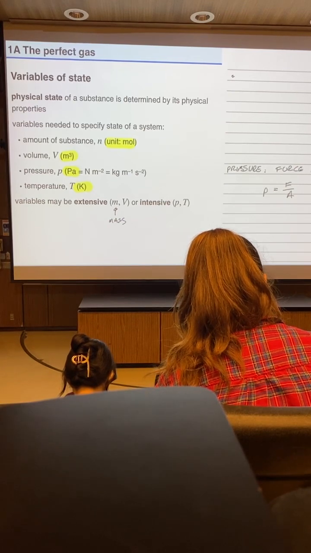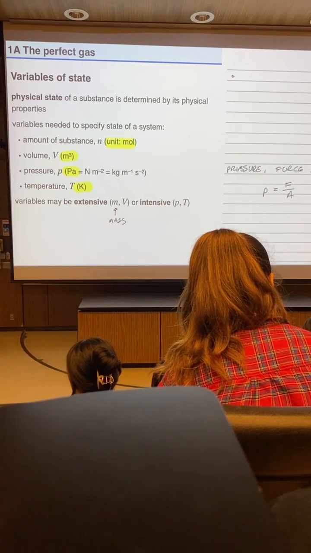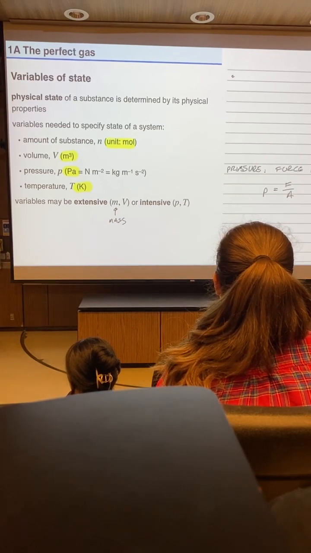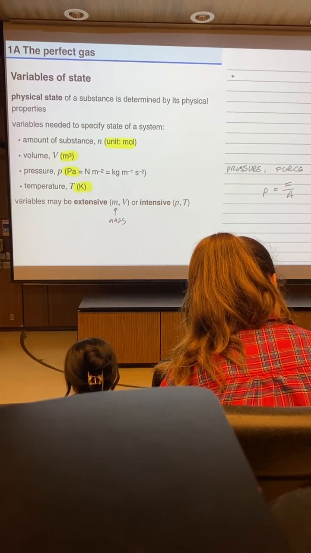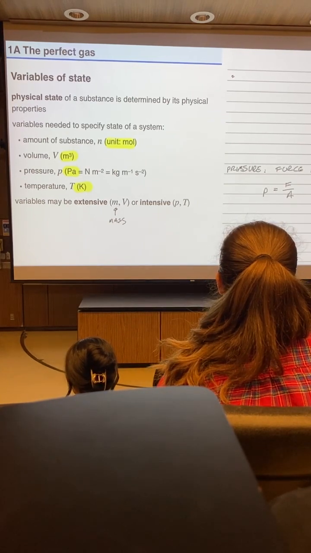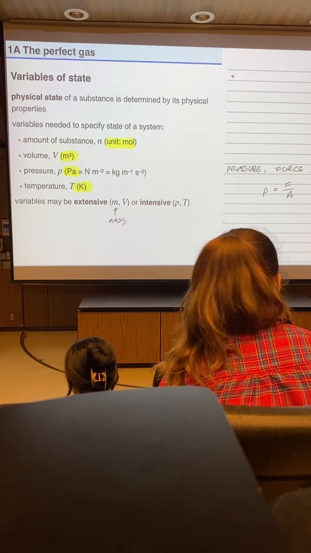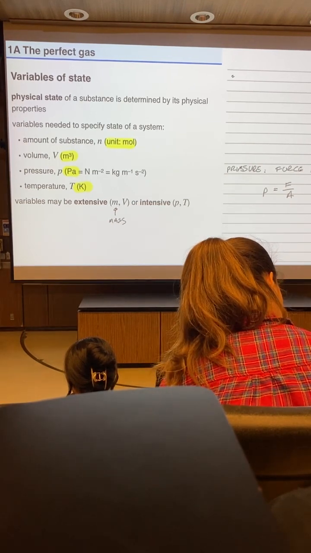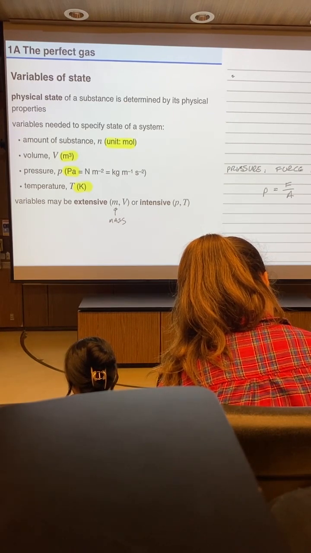Well, for an intensive variable, we can imagine we have our sample, our system that we're interested in, containing some substance. If we take a small sample of that system and measure one of these properties, say the pressure or the temperature or the volume of the sample that we've collected, and you get the same result regardless of the size of your sample, then you can say that your property is intensive.